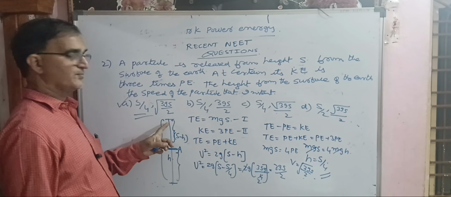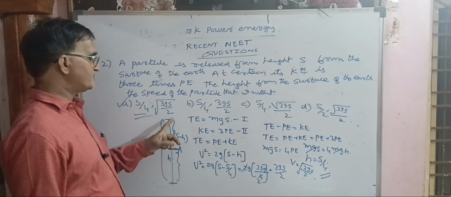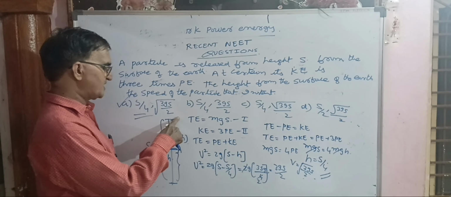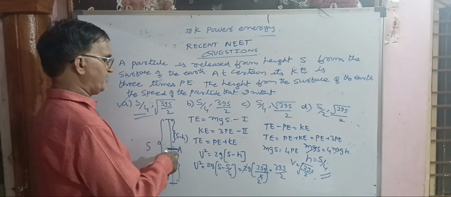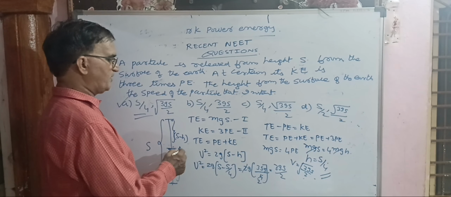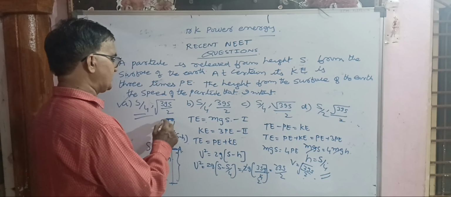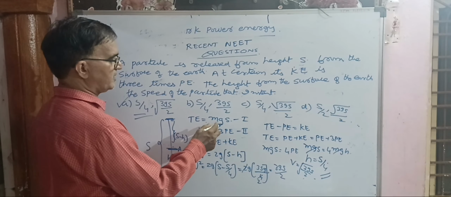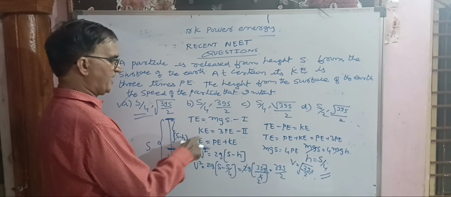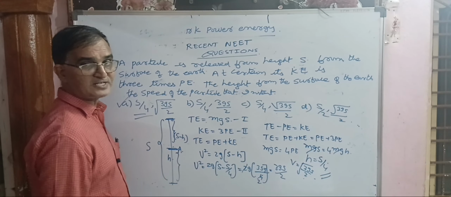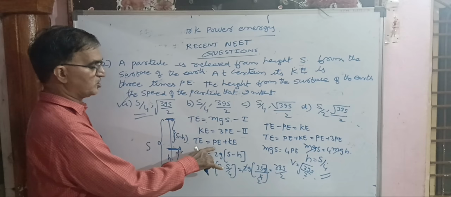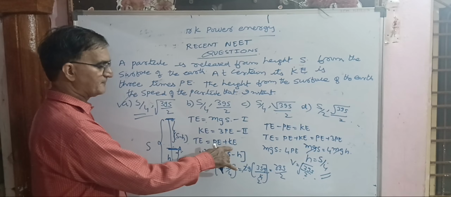See here once again. In conservation of energy problems, total energy always remains constant. At the highest point you have potential energy, at the lowest point you have kinetic energy, and in between both potential energy and kinetic energy. Suppose total energy at this point is potential energy only, mgs. At the point A, kinetic energy is equal to 3 times potential energy, that is the condition. But in general, total energy is equal to potential energy plus kinetic energy.